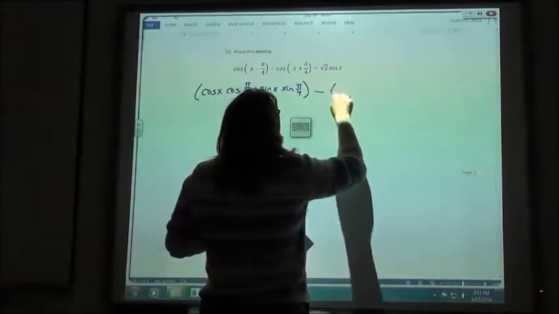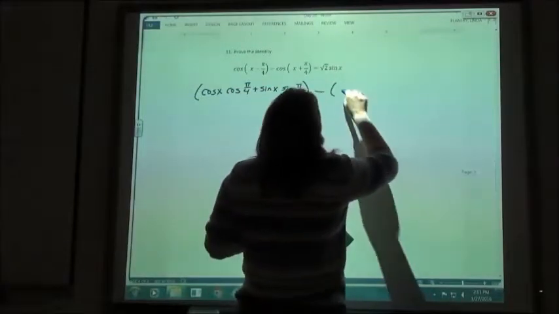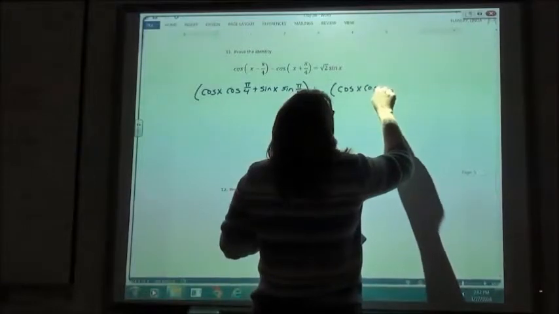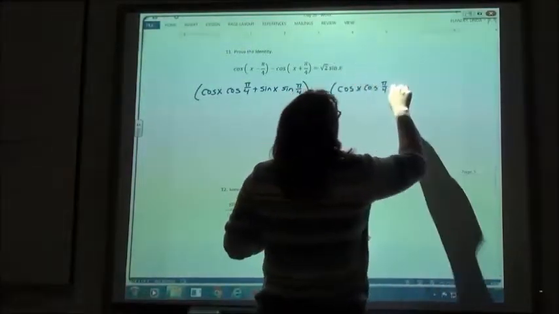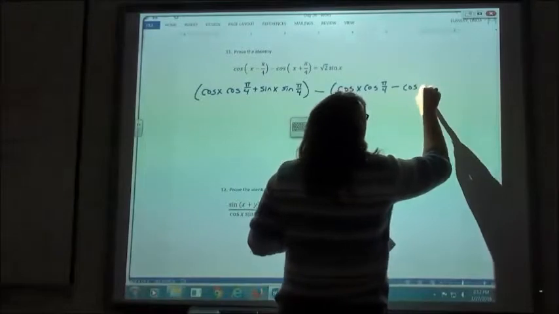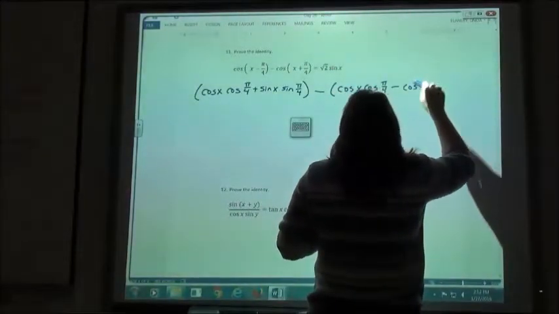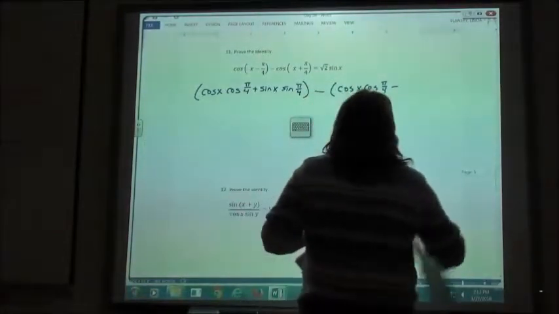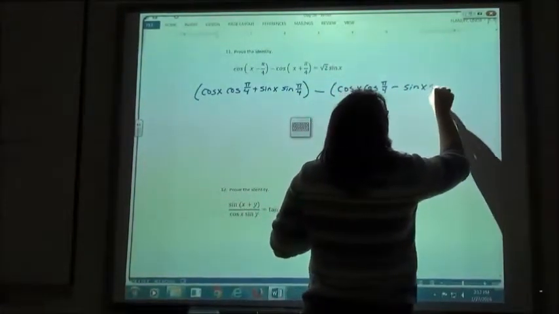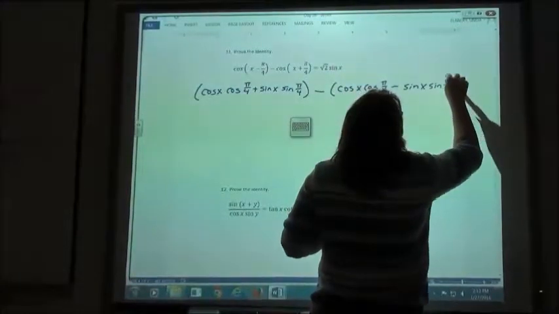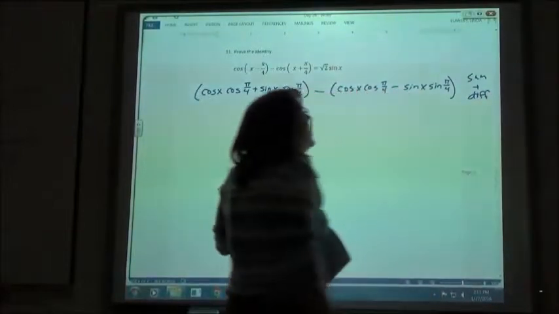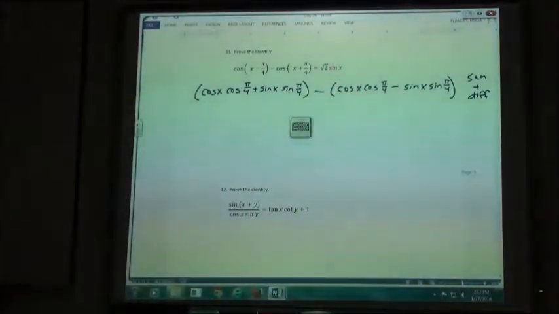Then I'm going to have minus, if I have a plus b, I'm going to have the cosine of x, cosine of pi over 4, and that's going to be minus, that should be sine, sine of x, sine of pi over 4. That's using our sum and difference identities, as we always have to pick out which property we're using. So just expanding that using our sum and difference.